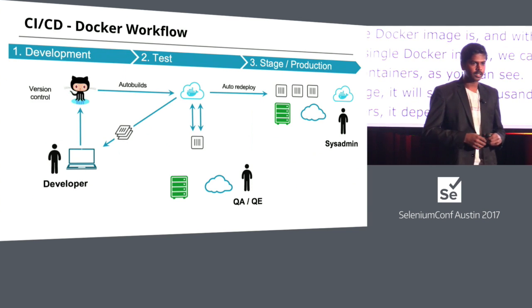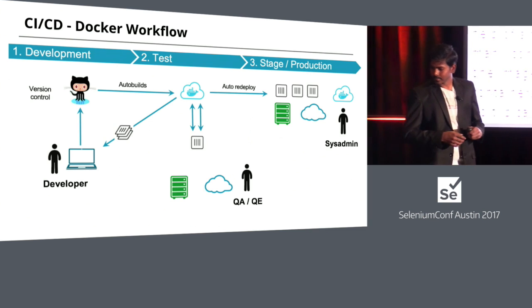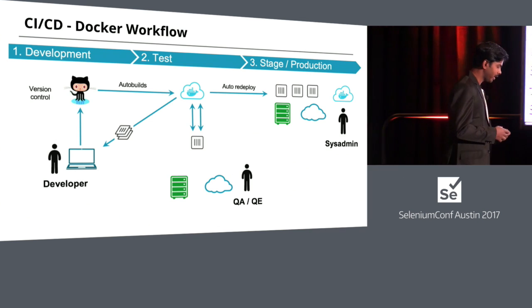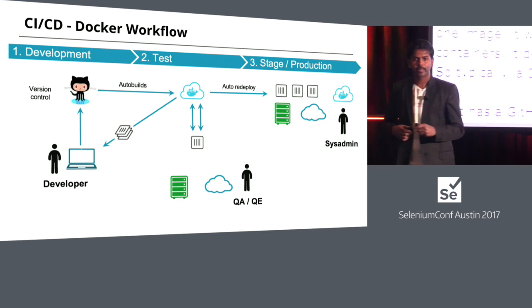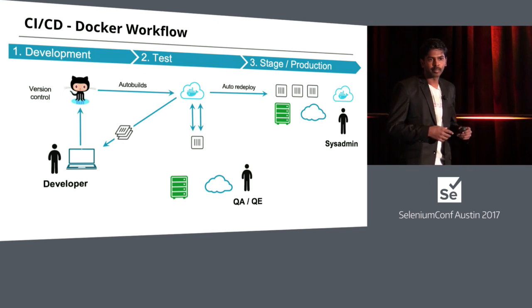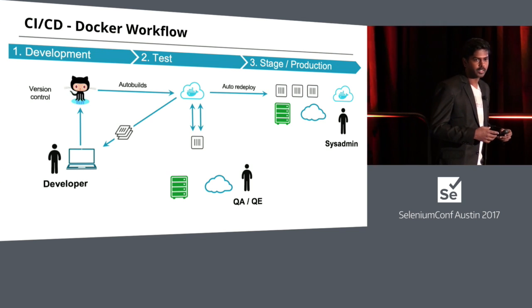So typically, a Docker CI/CD workflow will look like this. It has GitHub version control. Whenever a developer pushes code, the source code repository will build an image and save it in Docker Hub or any Docker registry that we use.